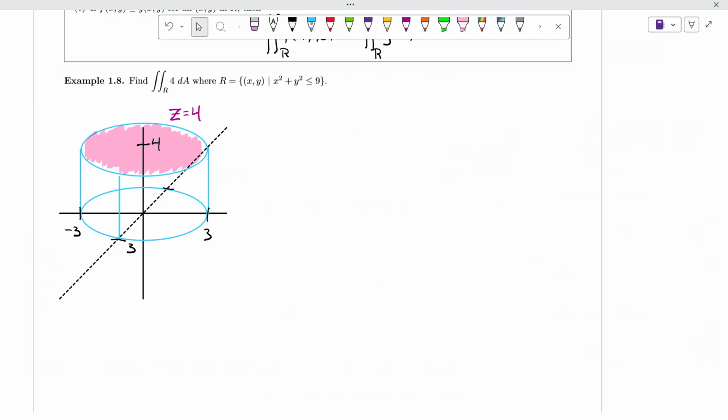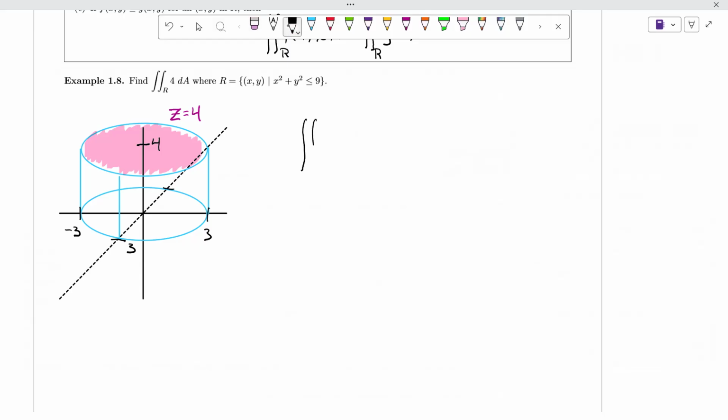If I sketch that region, which you can see I've sketched on the left, that ends up looking just like a cylinder, where I'm integrating in between the planes 0 and 4. Right, that's where the top and the bottom of my cylinder are. And I'm pretty sure I can calculate that volume. So let's give it a shot.